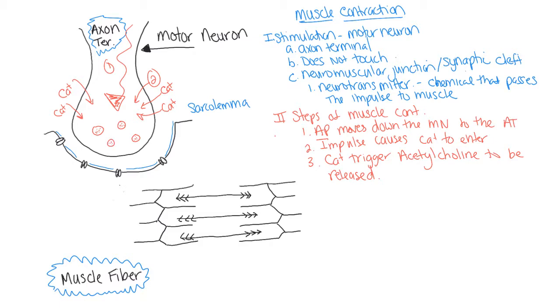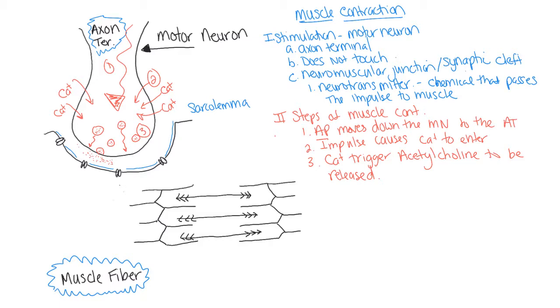So when my calcium floods, it's going to cause these vesicles to move towards the membrane. They merge with the membrane, and they end up releasing their contents into the synapse. All right, so the calcium ions are going to trigger acetylcholine to be released. That was step 3. So I'm going to mark this as 3.